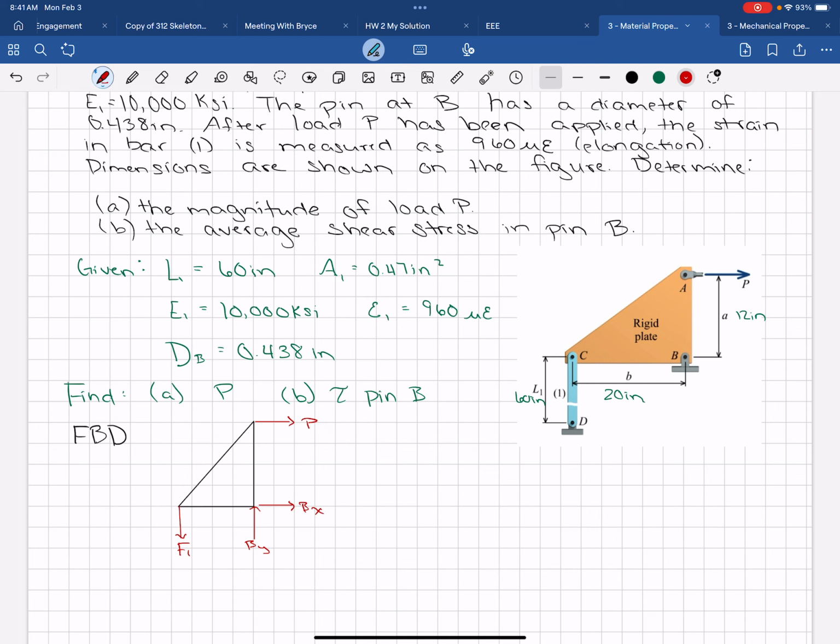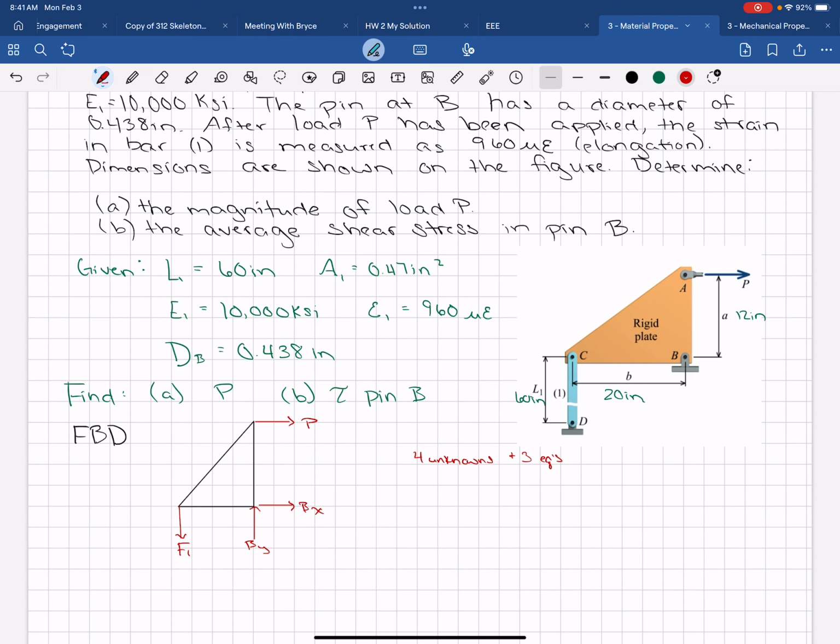So currently we have 4 unknowns and 3 equations. But what can we solve?